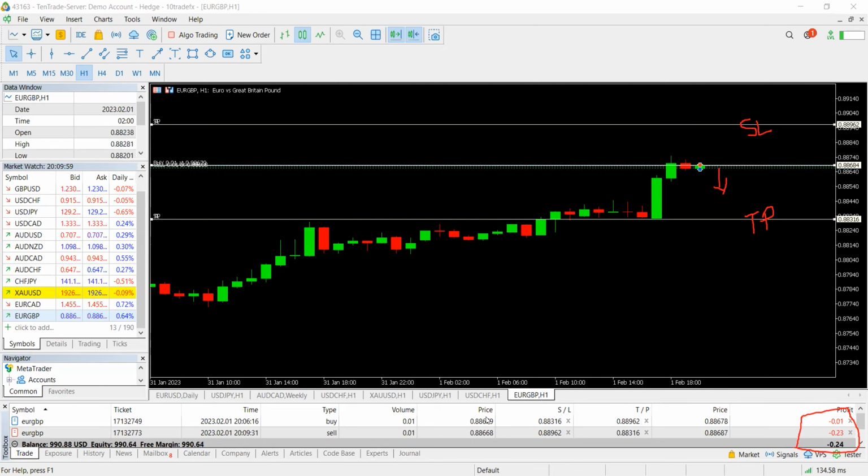So let's say you find reasons to believe that you want to close a trade. How do you close a trade in either a profit or a loss? Very, very simple. Over here at the trade terminal at the bottom, on each of the trades, you see an X button.